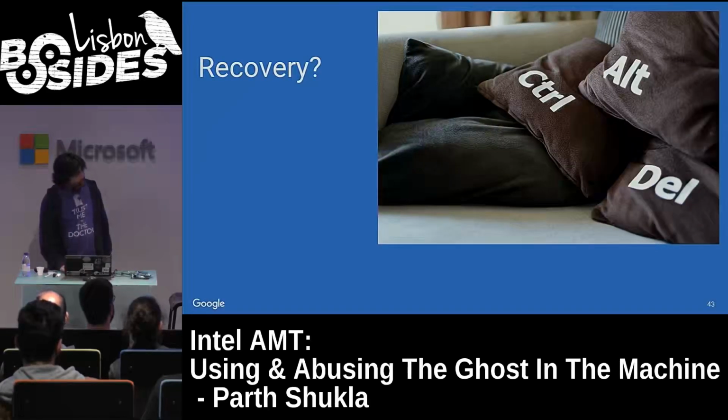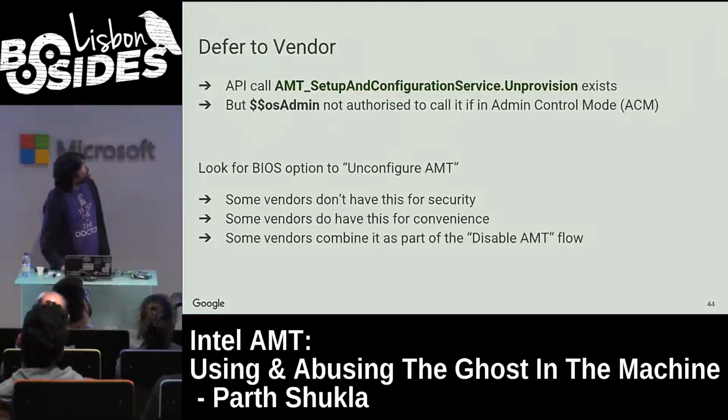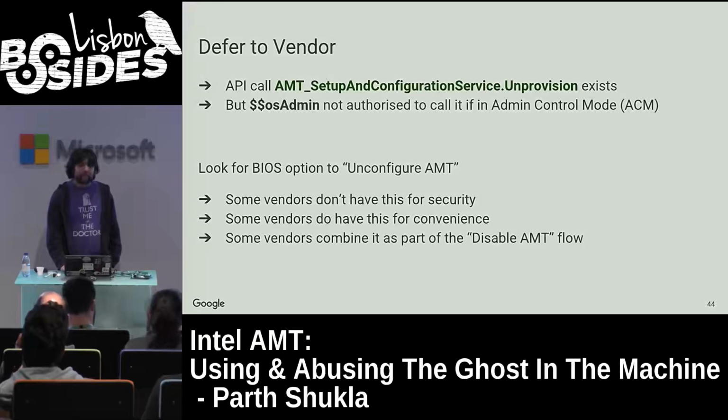Okay, one quick slide on recovery. What are your options after compromise and forensics is done? So you did have a real compromise, you have finished forensics. Now what do you do? How do you recover the machine? It depends. Without knowing the admin password, you cannot unprovision programmatically.